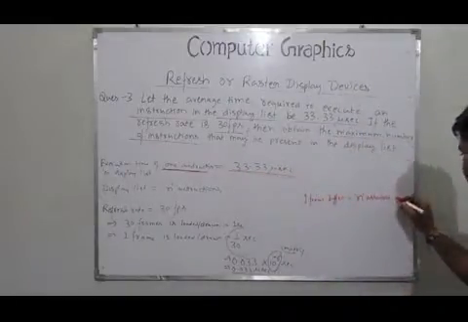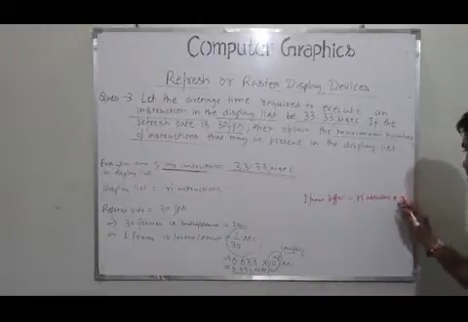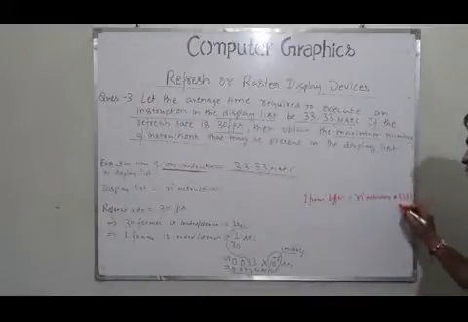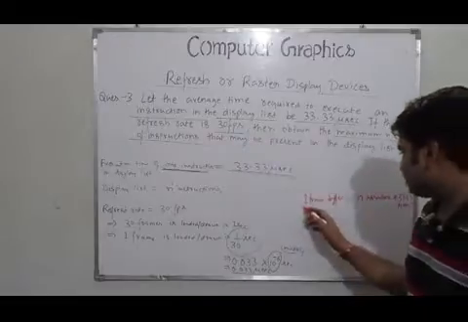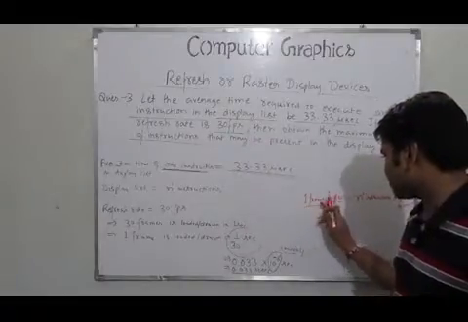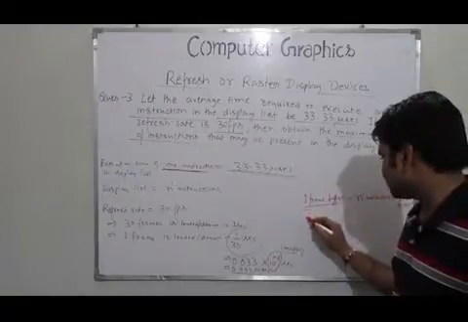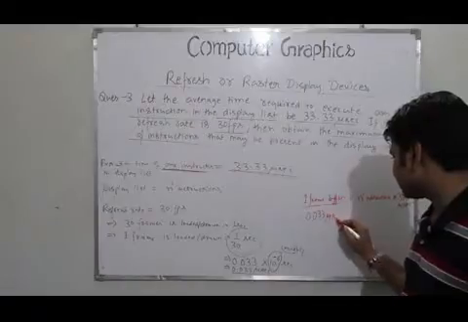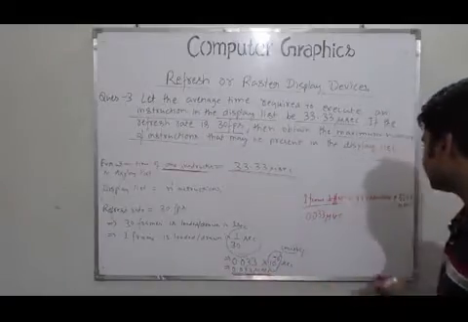That means for displaying n instructions we would require n into 33.33 microseconds. And we have determined the time of executing one frame buffer, and it is 0.033 microsecond. From here we have this data.